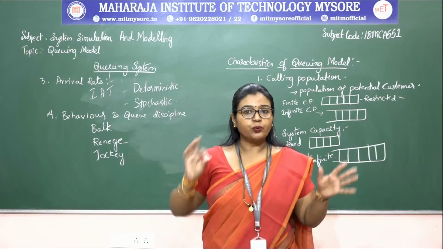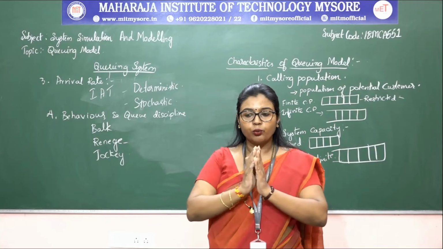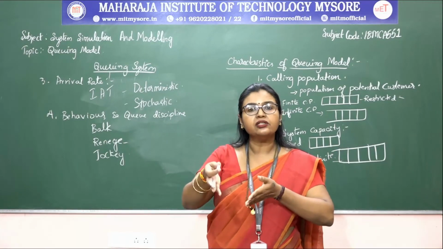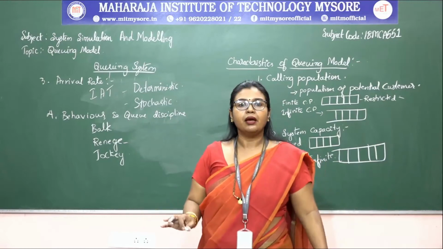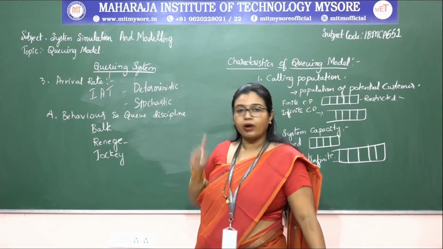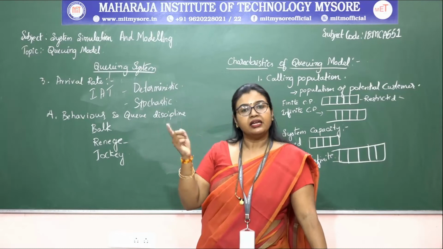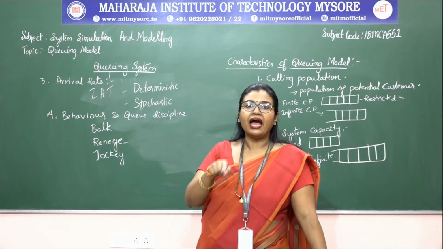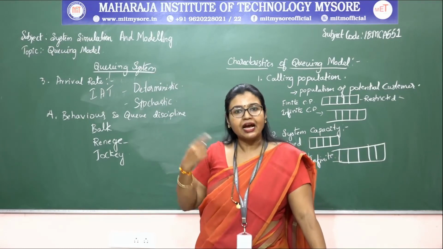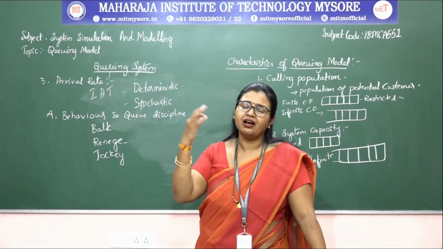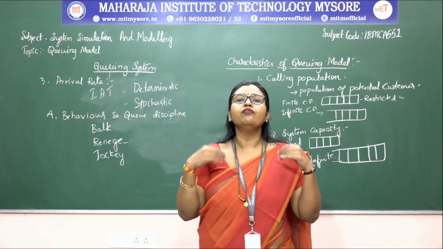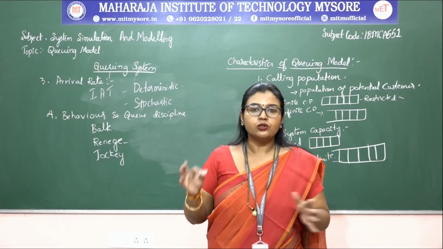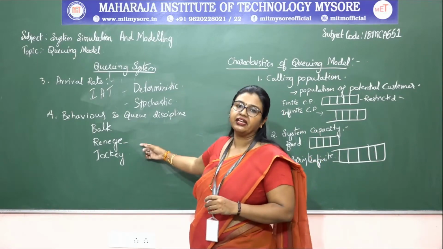So the first one is balk, in the sense that before entering into the system itself, if the queue is very lengthy, he will leave the system. But renege is the one where he is already in the queue, and if he observes that the queue is moving very slowly, he will think of leaving the system. So that is renege.